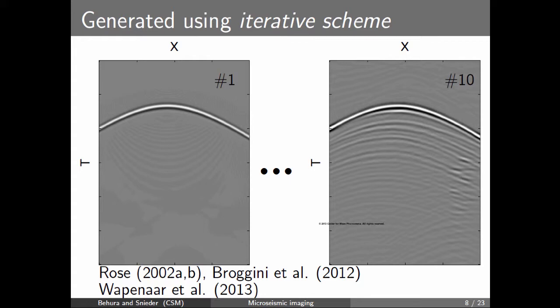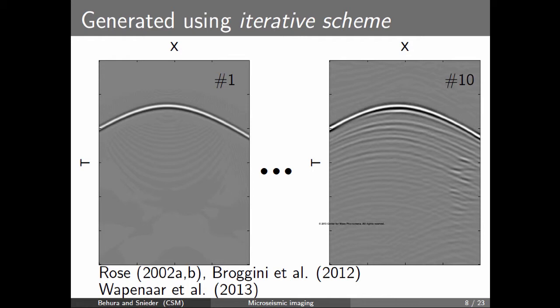And here we use this iterative scheme to go from an estimate of the Green's function to estimating the true Green's function, provided that we have a background velocity model and we have reflection surface seismic data. So what you see in this figure, on the left, is a direct arrival from a certain image point in the subsurface.